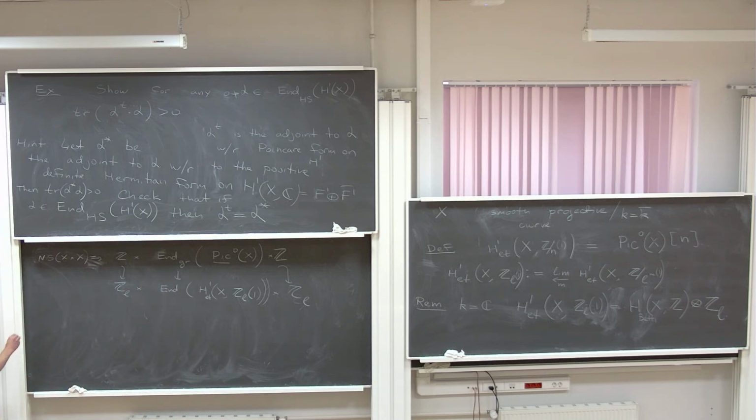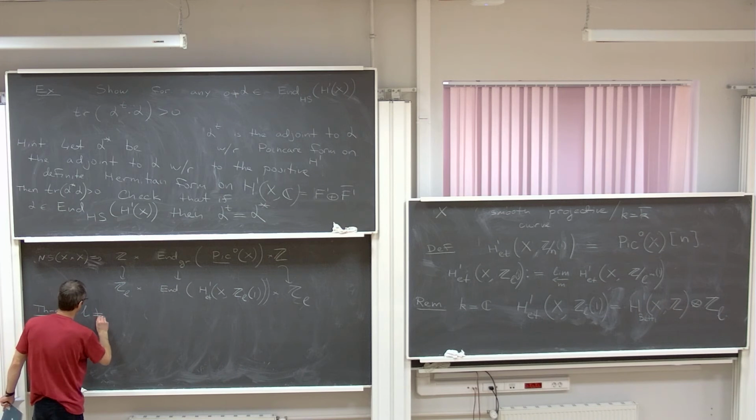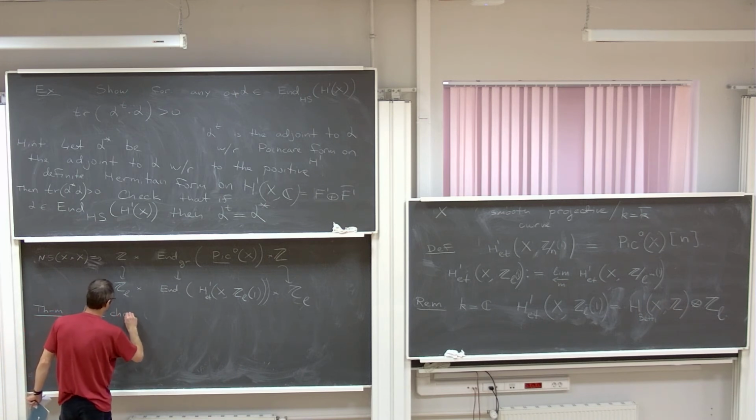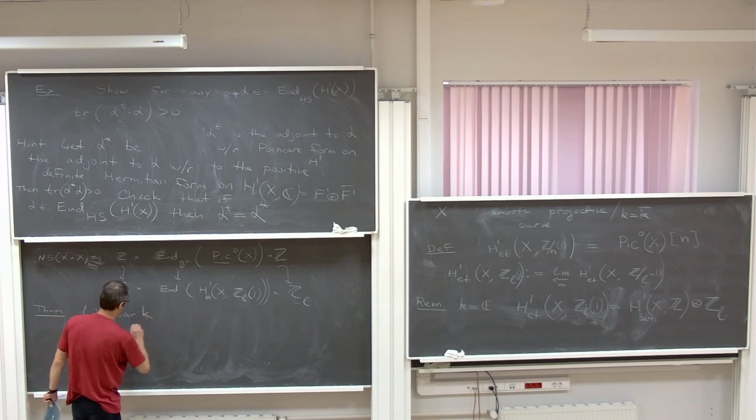So now the theorem, well, suppose that L is not equal to the characteristic of the field. Well, for example, the field has characteristic 0.